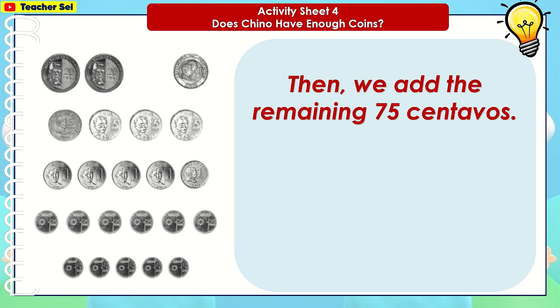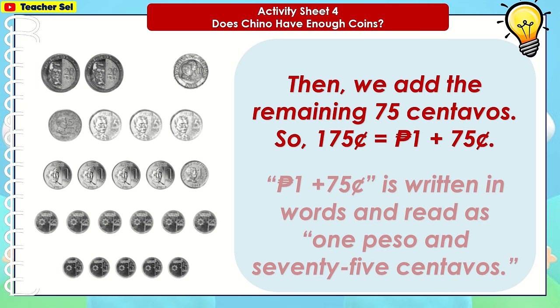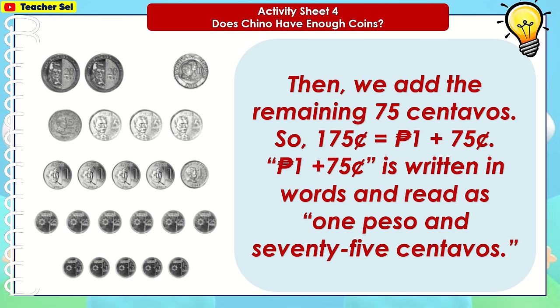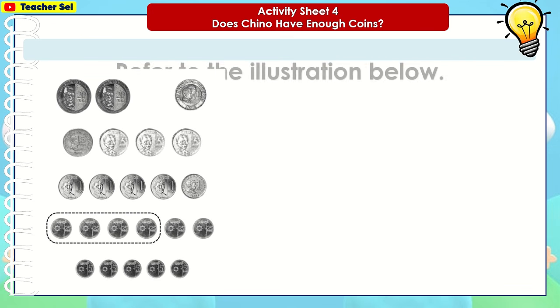Then we add the remaining 75 centavos. So 175 centavos is equal to 1 peso plus 75 centavos. It is written in words and read as 1 peso and 75 centavos.